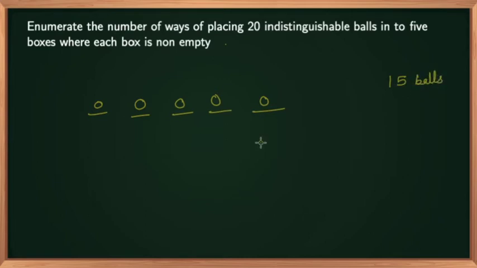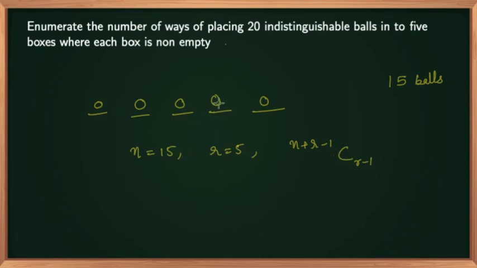And these 15 balls can be distributed into 5 boxes just as we have done in the previous problems. That is, from here onwards, your n is equal to 15, r is equal to 5, and you can apply the principle n plus r minus 1 c r minus 1 itself. The only thing you need to make sure is each box is non-empty.